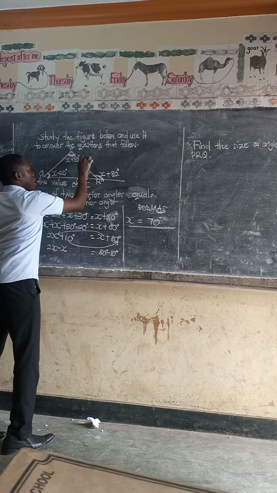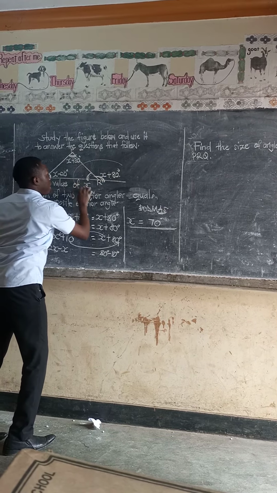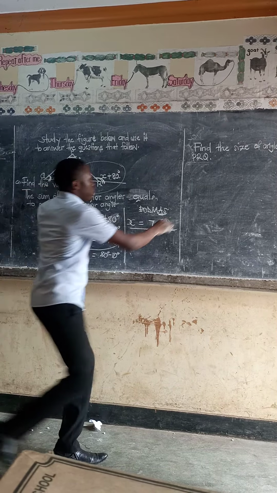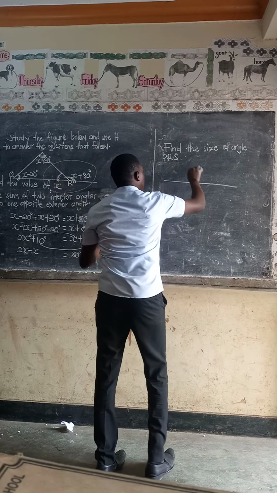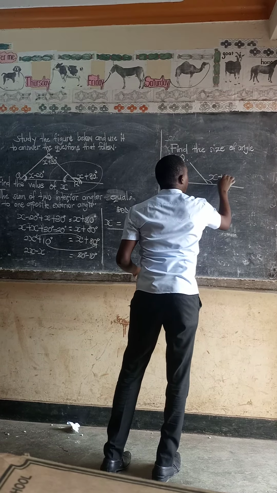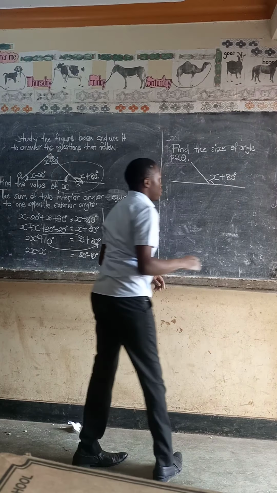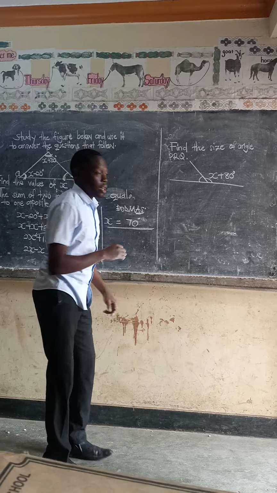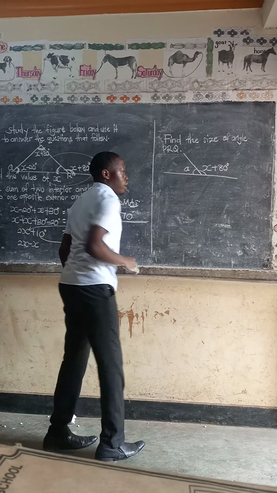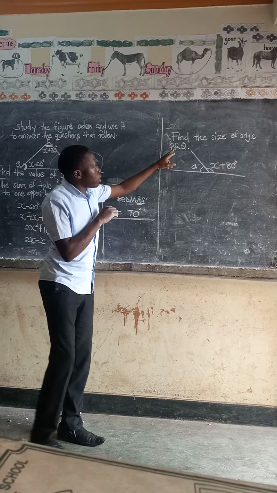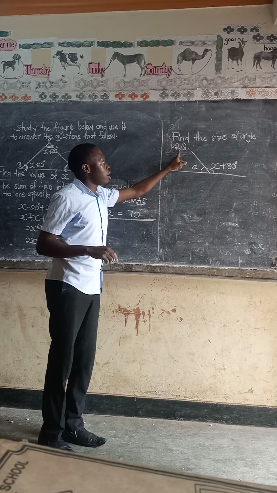If I extract out this part, that circled part here, I will draw it here, and we shall have something like this. x plus 80 degrees. So this is the angle we want. I can call it angle A. So how are we going to get angle A? Angle A is what we want. It is the angle PRQ.